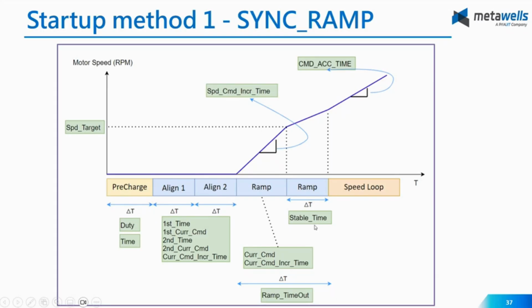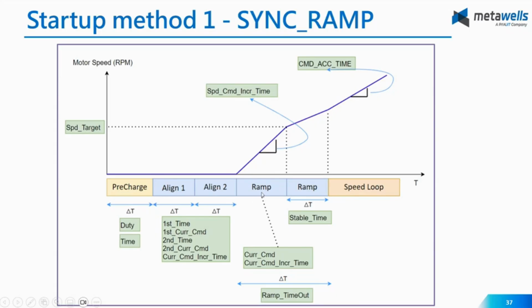In the first step, we just mentioned in the previous waveform, first is pre-charge. In the pre-charge state, you can input two parameters, duty cycle and time. Next, during align 1 and align 2, you can set the duration, the current command and the current run up time.